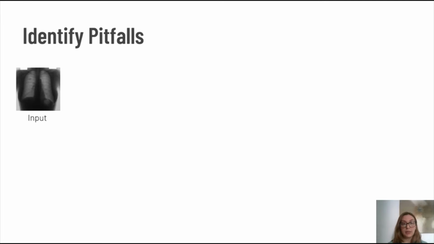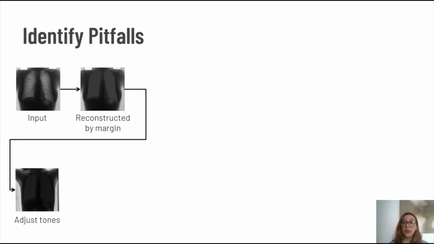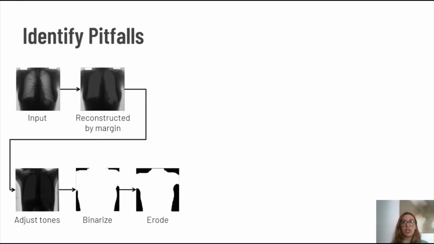And we do that by applying a morphological reconstruction by dilation to the input image based on an edge marker. We can see that the patient's body will become darker, and if we apply a sigmoid function, it will become even darker. That facilitates the binarization process, and we can use erosion to improve the generalization of the mask.